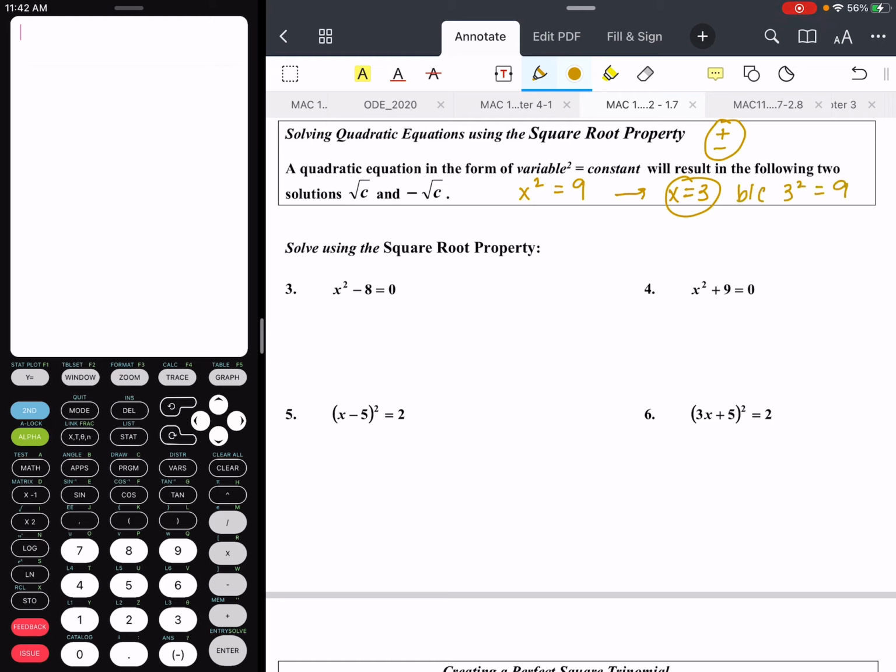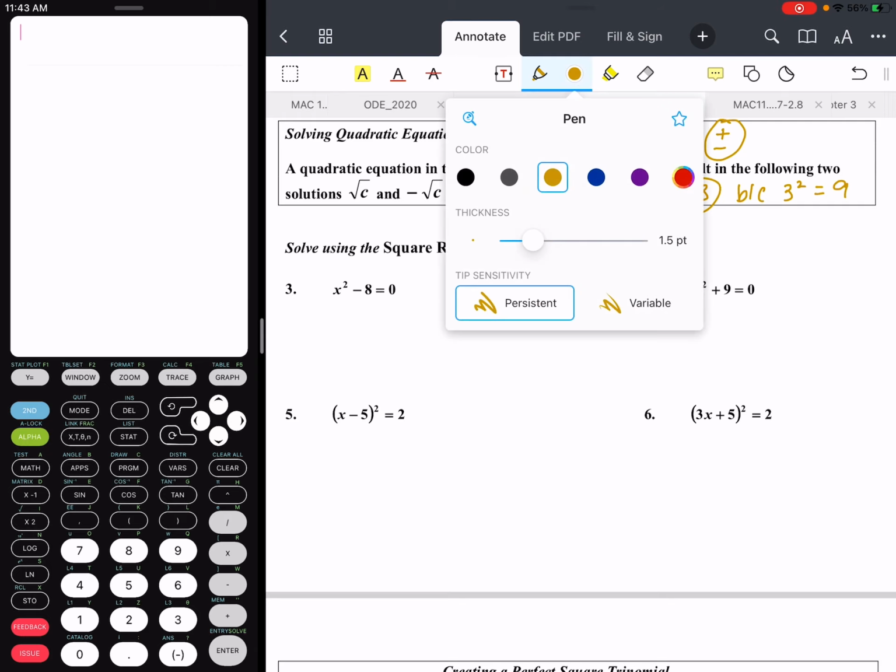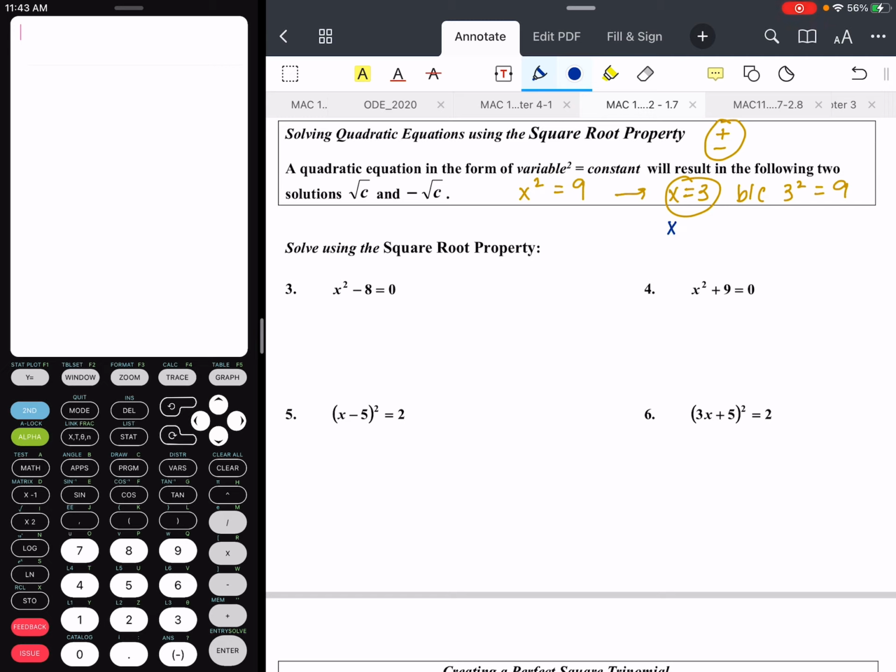But there's another solution as well, which is x equals negative 3. If we take negative 3, that whole quantity, and square it, we also get positive 9. So if we're solving x squared equals 9, yes, we get x equals positive 3, but we also get x equals negative 3.